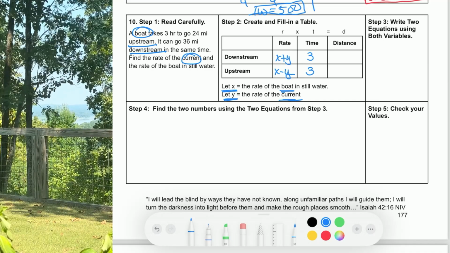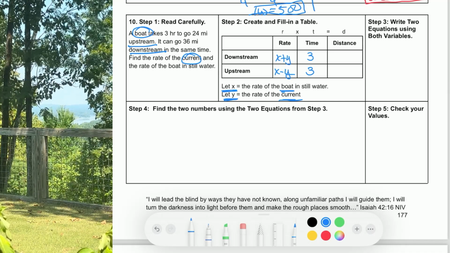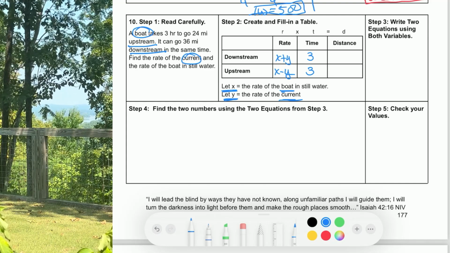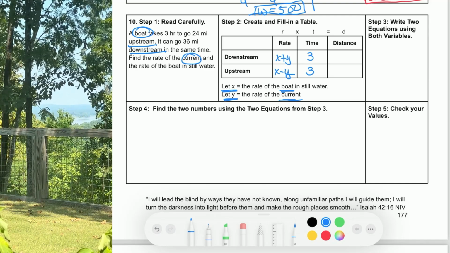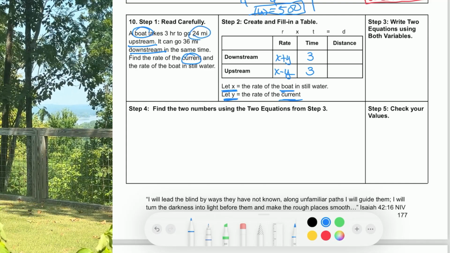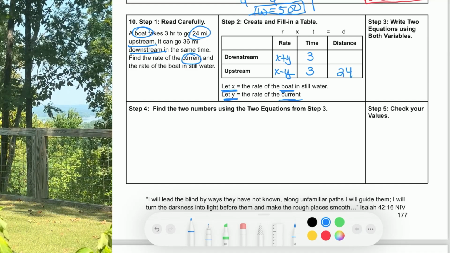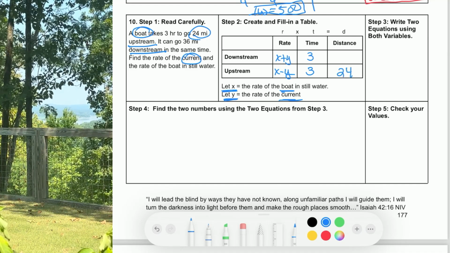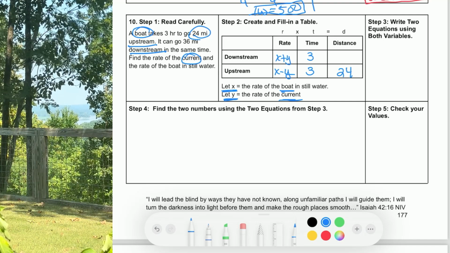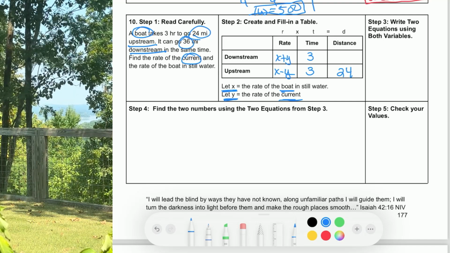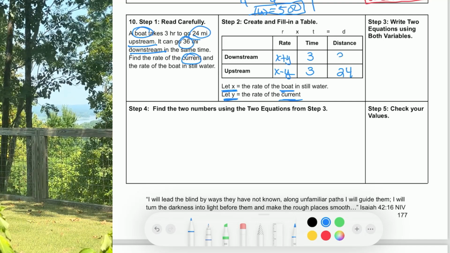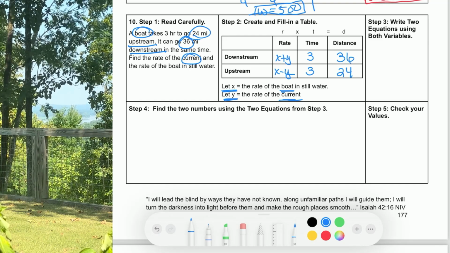Now we need to fill in the distance. They actually give us the distance for each of these. Upstream was 24 miles. So I'm going to put 24 in the upstream box. Make sure you put it in the correct box. Don't accidentally put it in the downstream. And then they told us it went 36 miles downstream. So I'm going to put the 36 here.